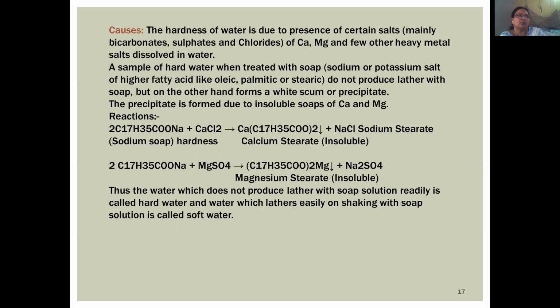A sample of hard water when treated with soap does not produce lather, but on the other hand forms a white scum or precipitate. The white scum or precipitate formed is calcium stearate and magnesium stearate. Because of the formation of these scums or precipitates, water does not lather with soap.